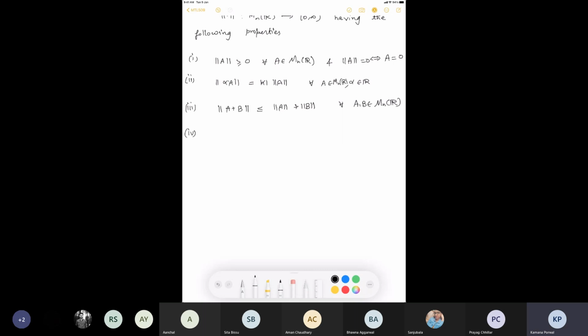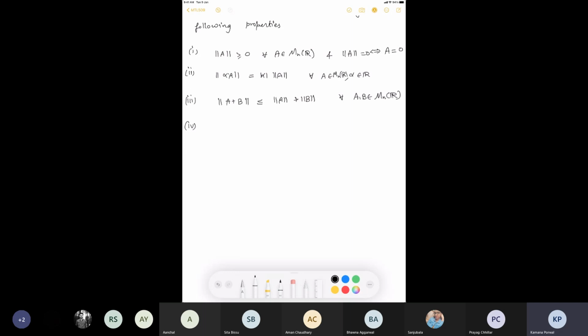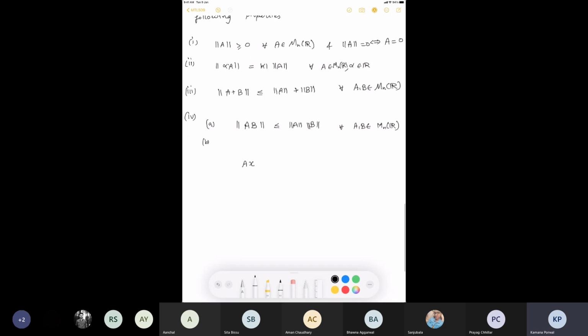Now the fourth property which we have is with respect to the multiplication. The first part is that if we take any two matrices A and B, then their product will satisfy this. And secondly, if we talk about a matrix and a vector, say x, and its norm, note that if you multiply a matrix with a vector, it is going to be a vector, right? So we have to talk about a vector norm here.